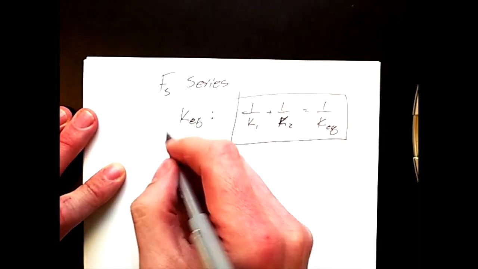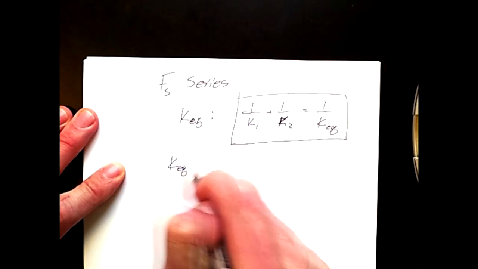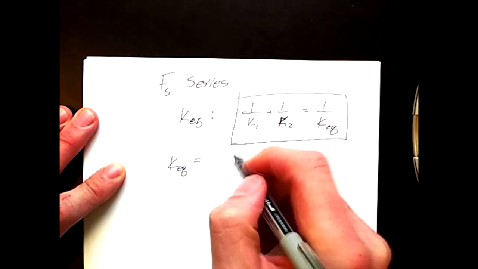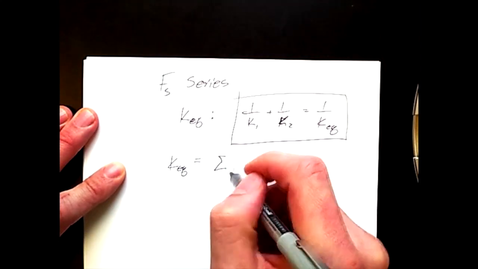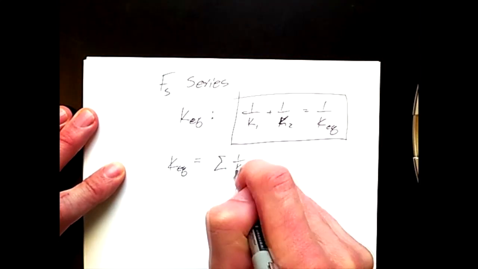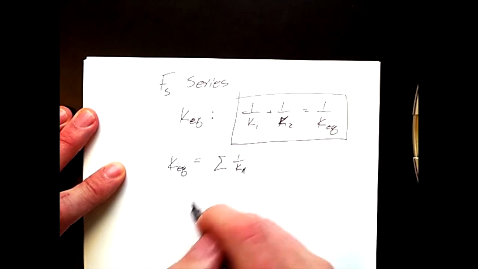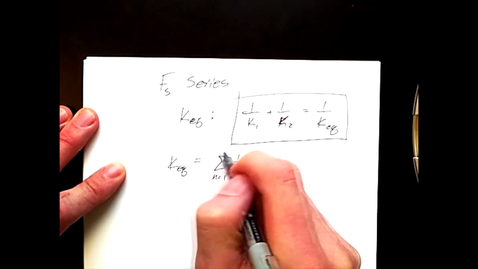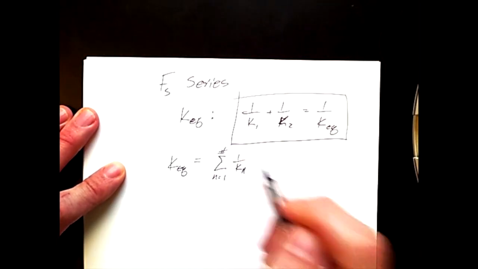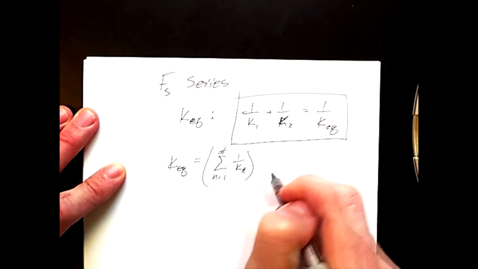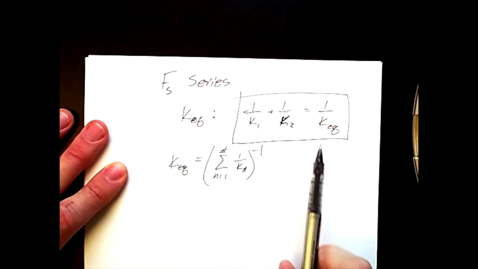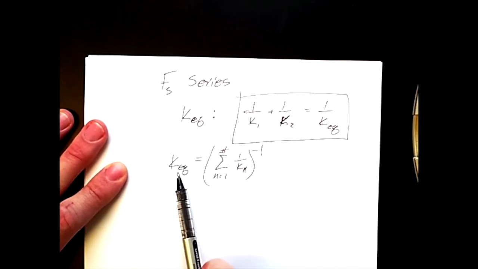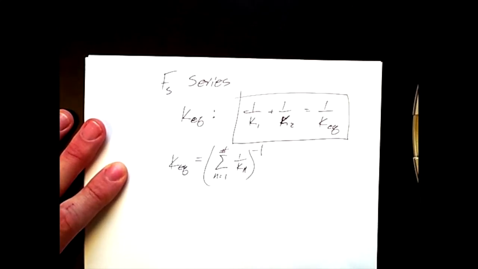Another way to say that is that k equivalent is equal to the sum of 1 over k_n, where n goes from 1 to however many there may be, and then that entire thing is inverted. So the inverse gives me the equivalent resistance of the sum of the inverses.